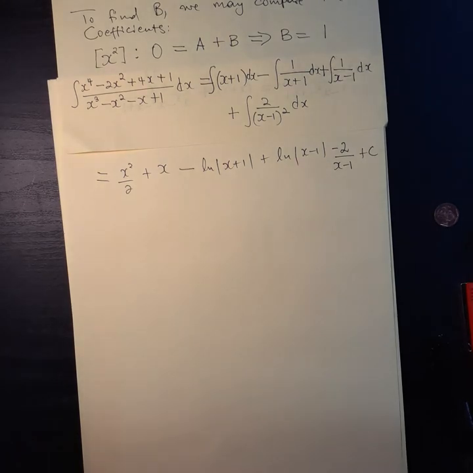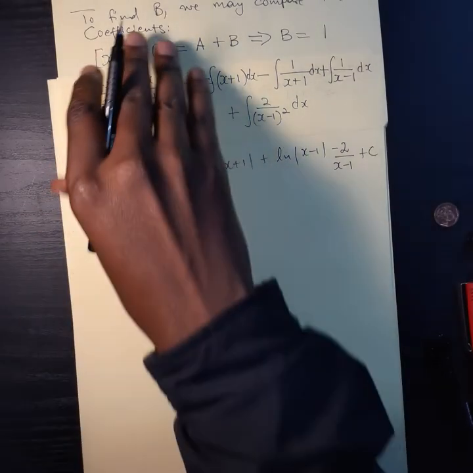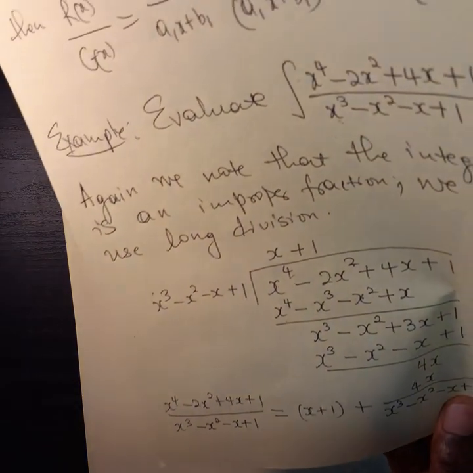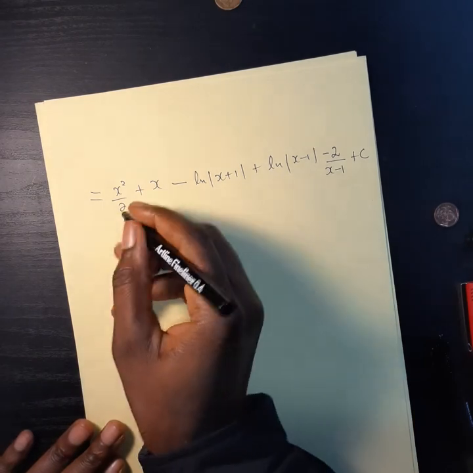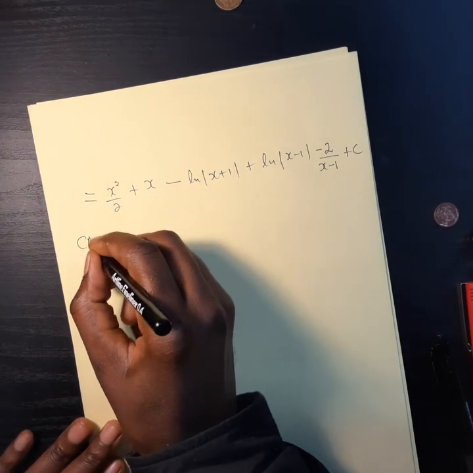So we have now looked at case number 2 of our rational functions. Let us quickly go to case number 3.